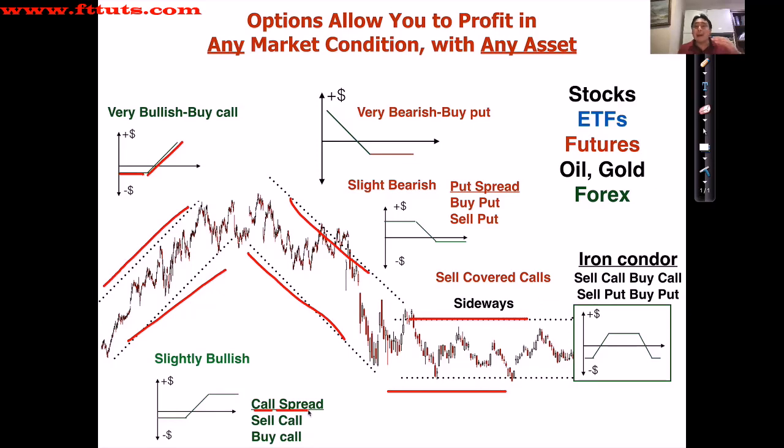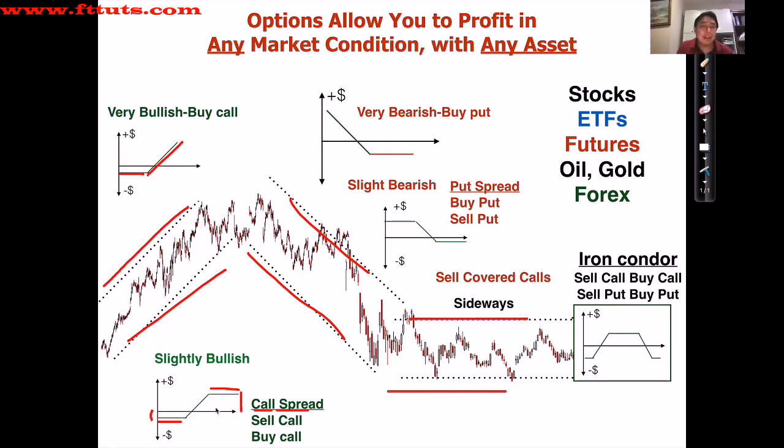So instead of just buying a call, we buy a call and we sell another call at the target price, at a higher strike price. So what that does is that it gives you not just limited risk like the call, but limited returns as well.